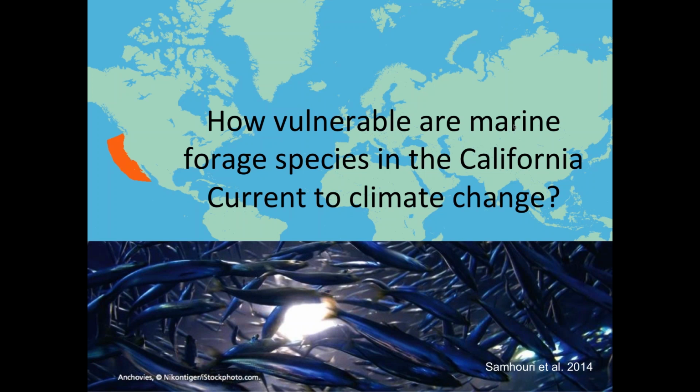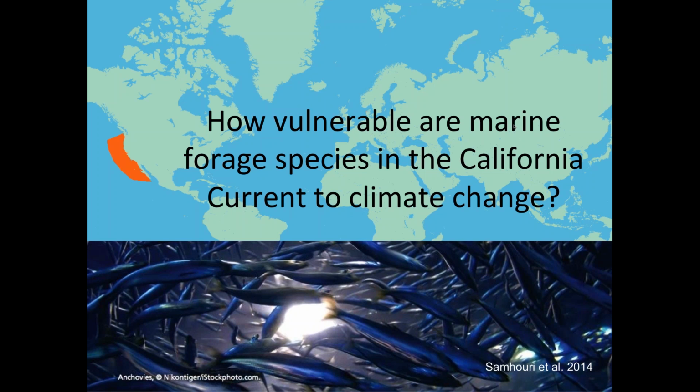And I should pause here and say that while this work was started prior to what's become a national level climate vulnerability assessment, right now NMFS is undergoing a process by which all of the managed species in the country are receiving an assessment similar but not exactly the same as the one I'm going to present here.